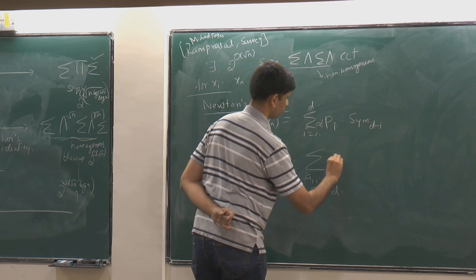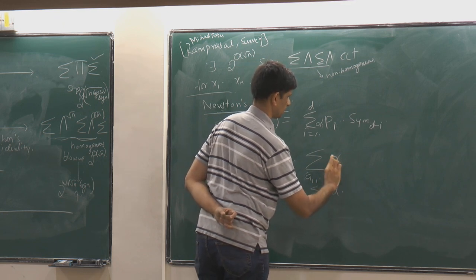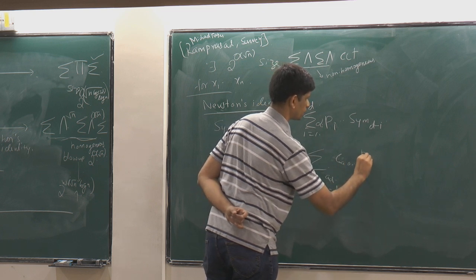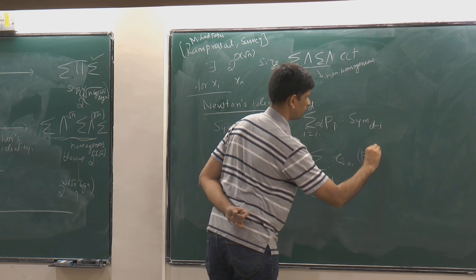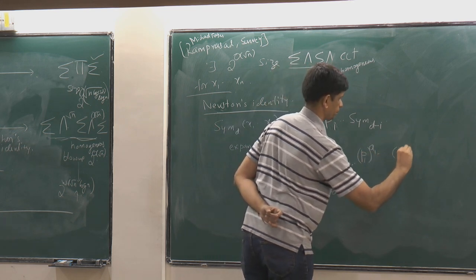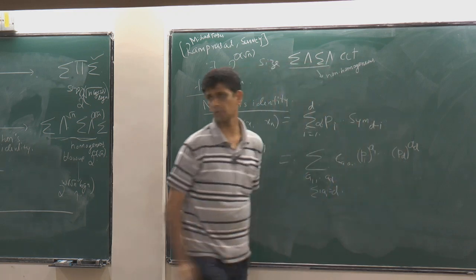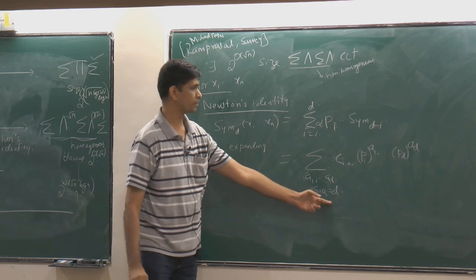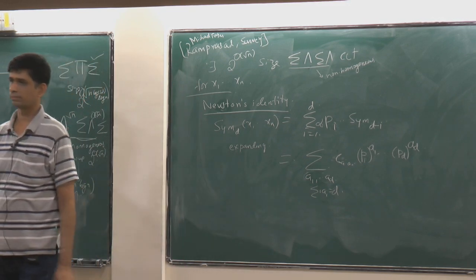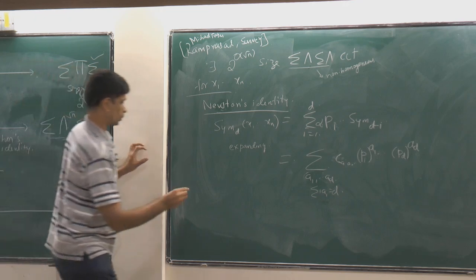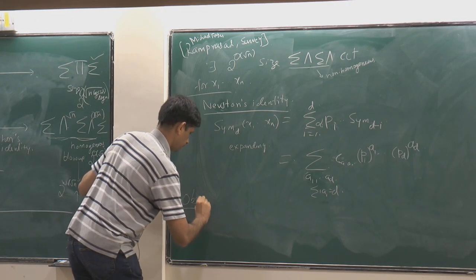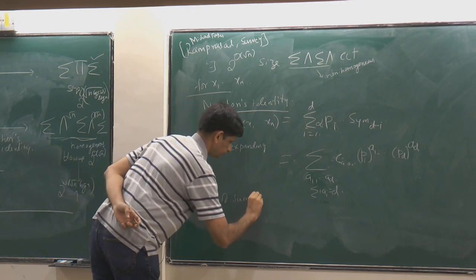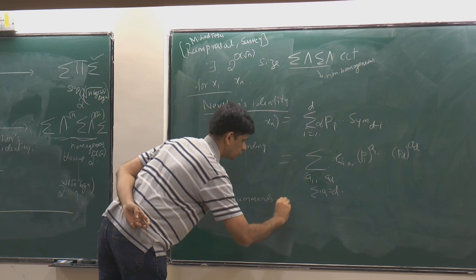I can write this as some coefficient c of a1 to ad times the powers of the power symmetric polynomials. Now the careful observation is that the number of summands is at most 2 to the order of root n. The crucial observation is that the number of summands is 2 to the order root n.